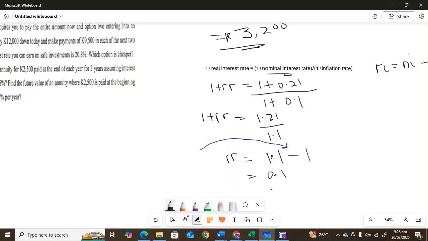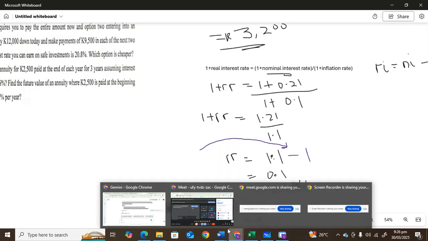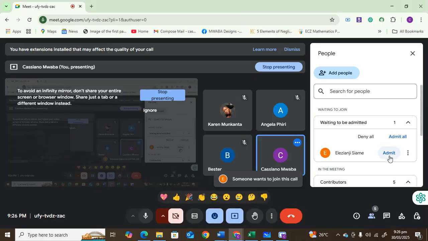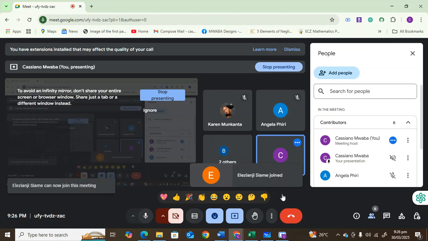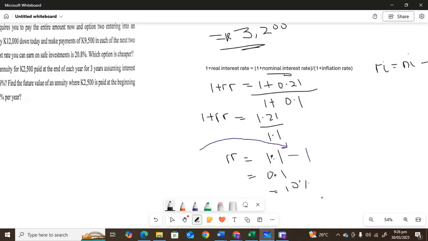0.1 converted into a percentage, that is 10%. So when we take into account inflation, the interest that we're getting is 10%. Not this 21%.